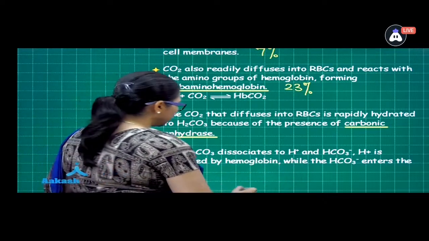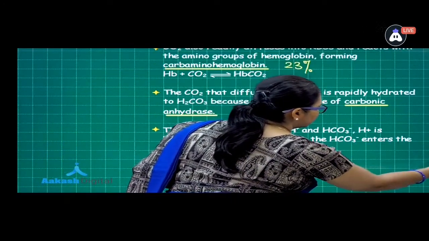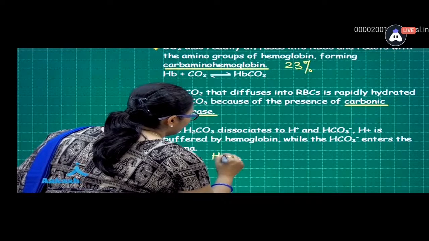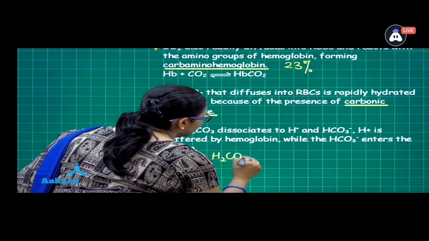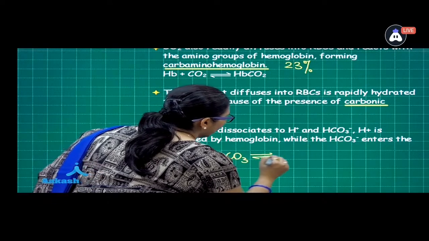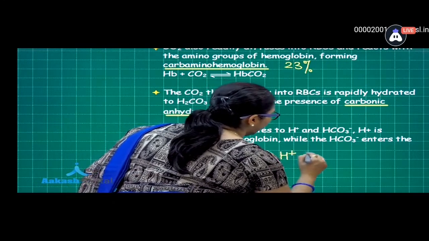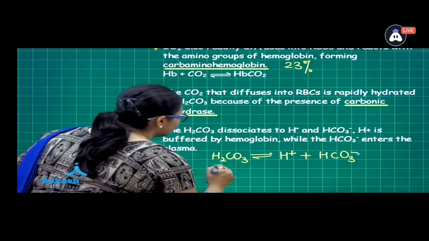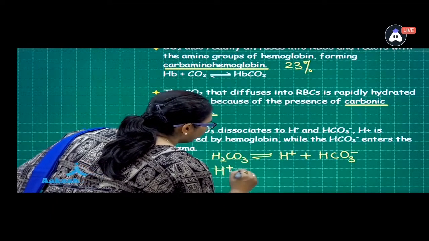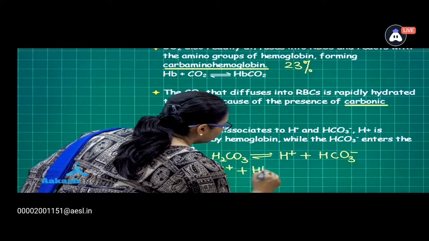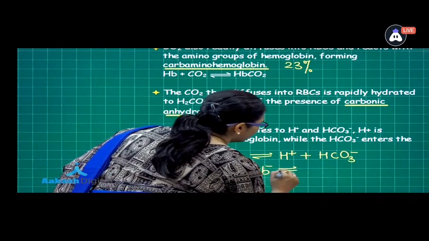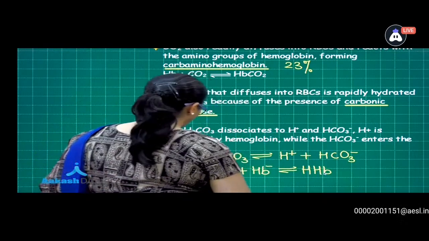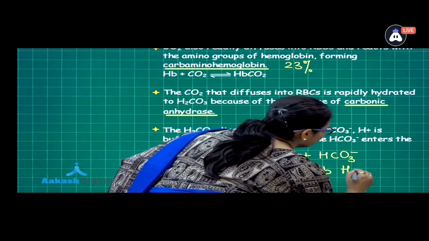So in this case we can just show this equation here as H2CO3, as we mentioned, this dissociates as H+ and bicarbonate, and this H+ combines with hemoglobin to form HHb, that is called or named hemoglobinic acid.